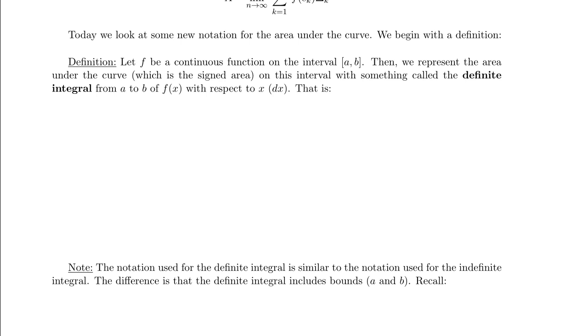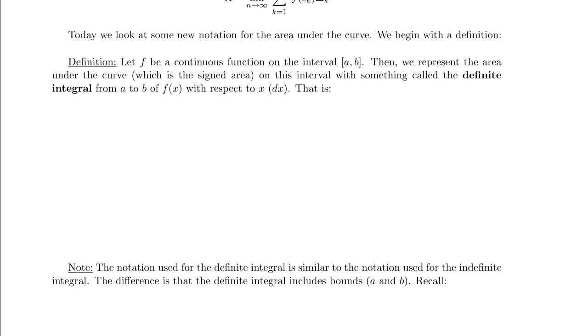So let's let f be a continuous function on the interval a to b. Then we represent the area under the curve, which is the signed area. So remember, if the function has negative y values, you might end up with some negative area. So we represent the signed area under the curve on this interval with something called the definite integral from a to b of f of x with respect to x.